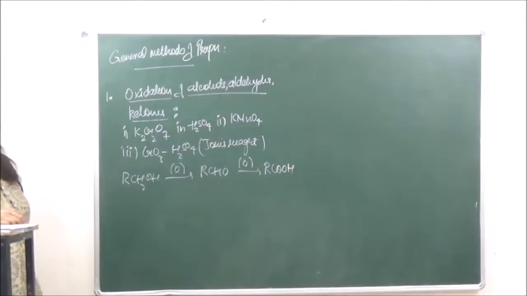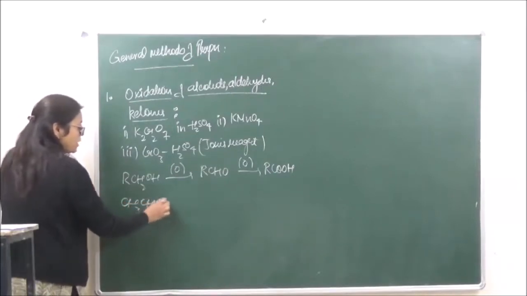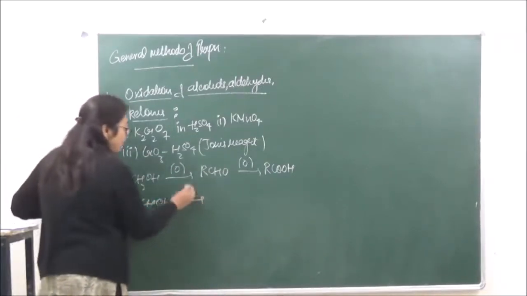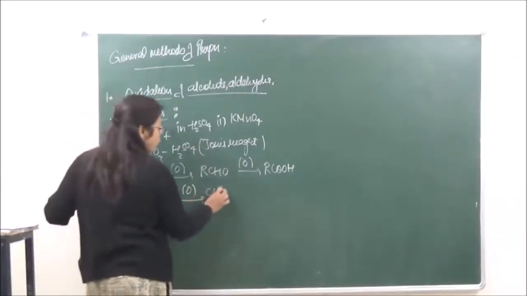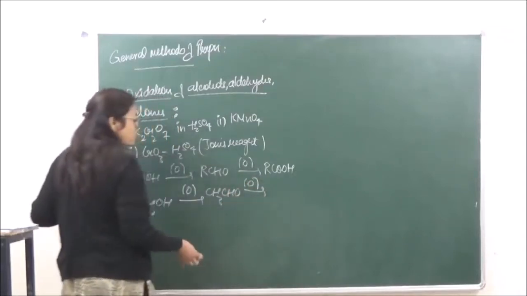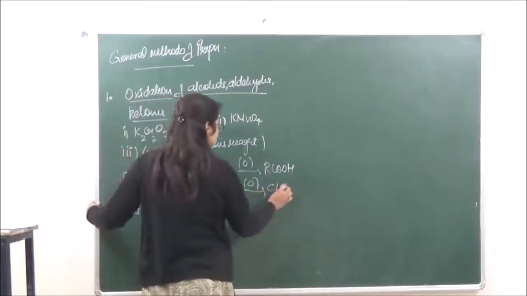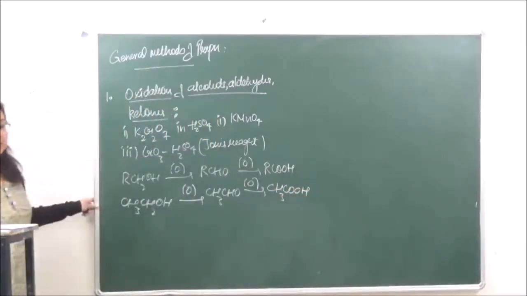Let's take an example. We are taking CH3CH2OH, which is ethyl alcohol, in presence of any of the oxidizing agents. This is going to first give us CH3CHO, and oxidation of this is going to give us the respective acid, which is ethanoic acid, right?